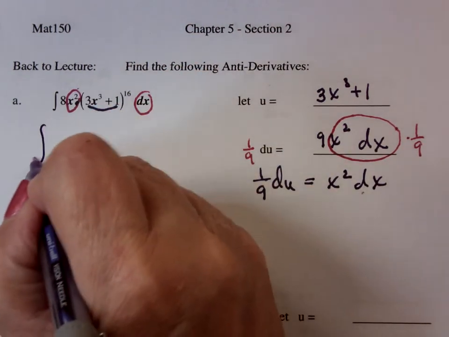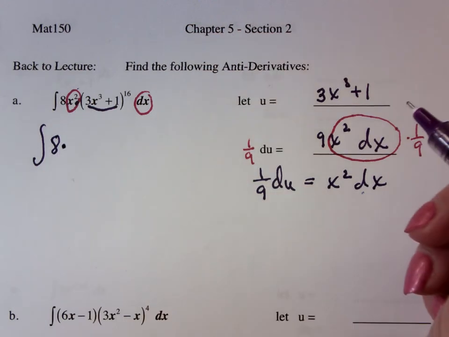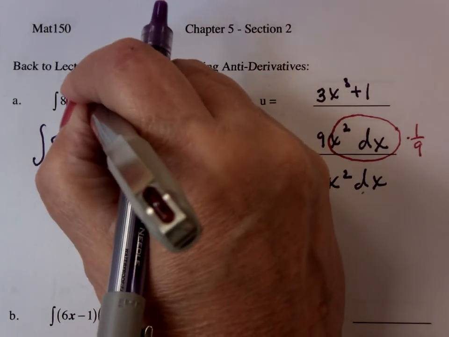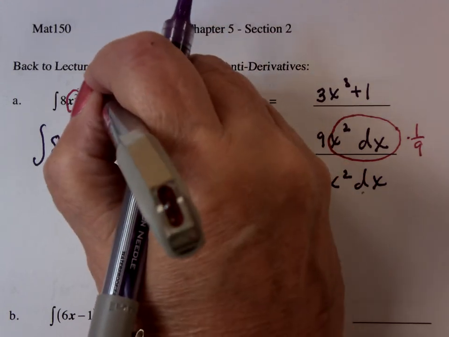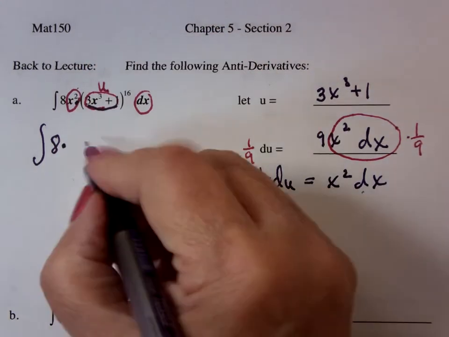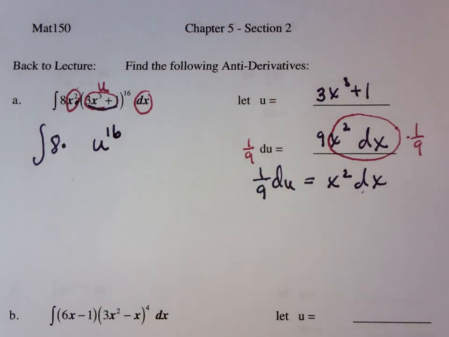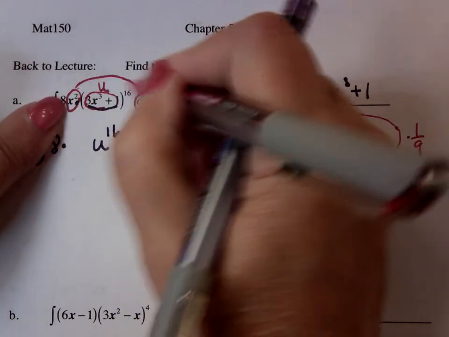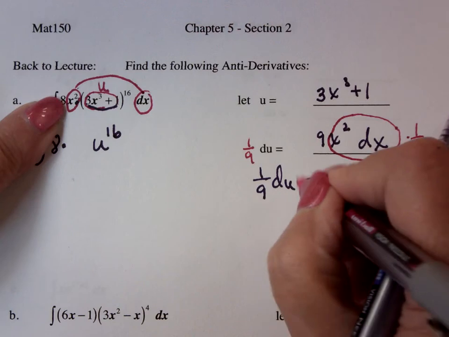So this is the integral. The constant is 8 times (3x cubed plus 1), which is u, so this is u to the 16th. And x squared dx is 1/9 du.